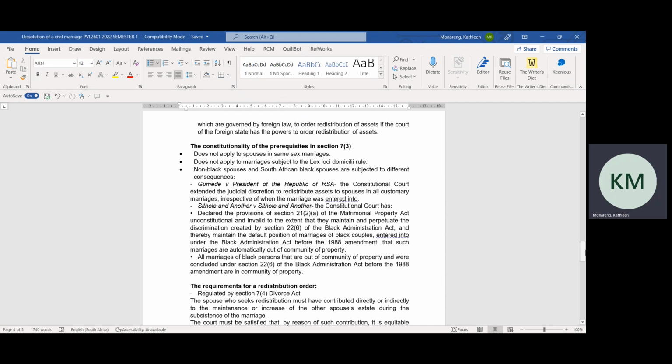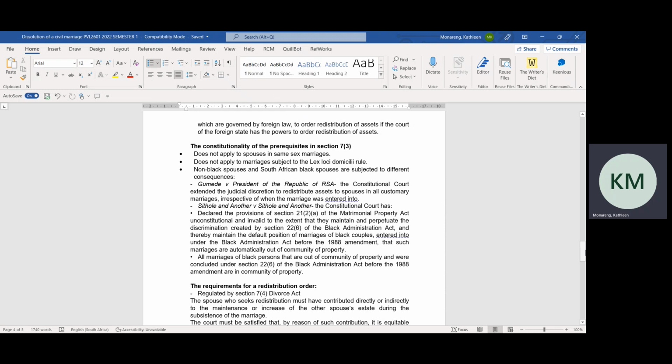Non-Black spouses and South African Black spouses who are in a civil marriage, Section 7, subsection 3 does not apply to them. The Constitutional Court, in the case of Gumede versus the President of the Republic of South Africa, gave an order which extended the judicial discretion to redistribute assets to spouses in all customary marriages, irrespective of when those marriages were entered into.